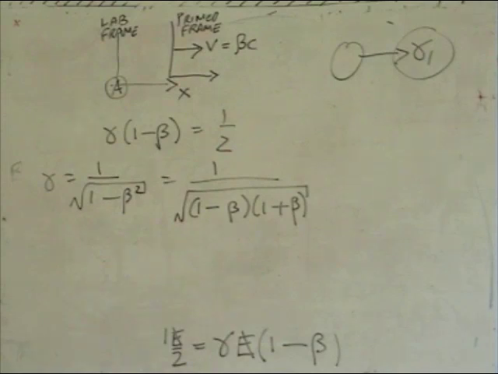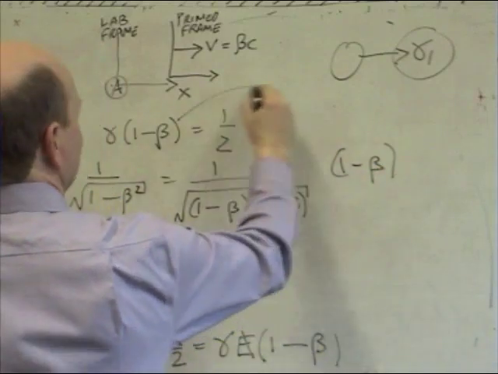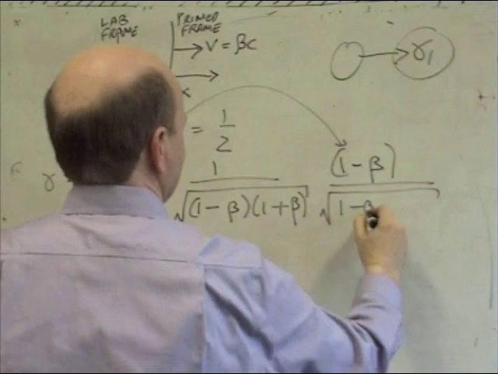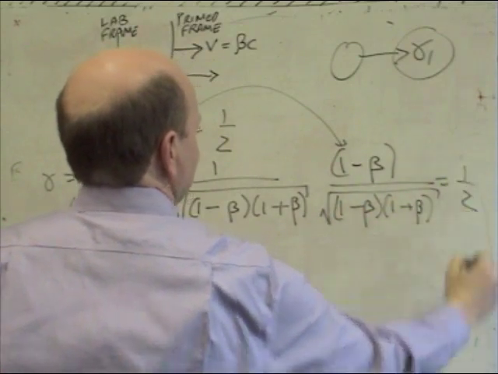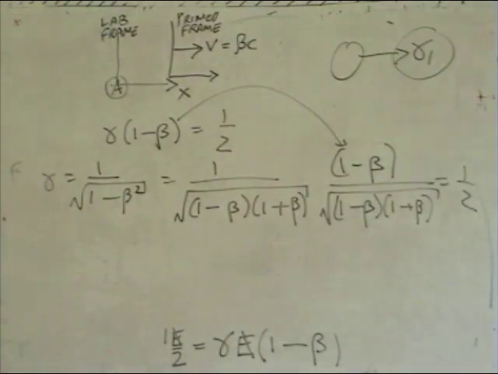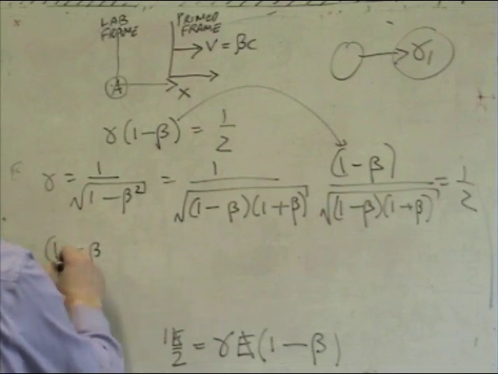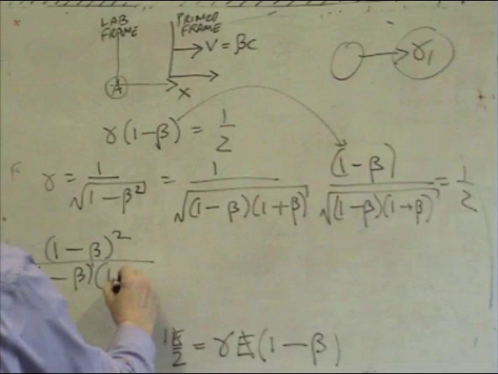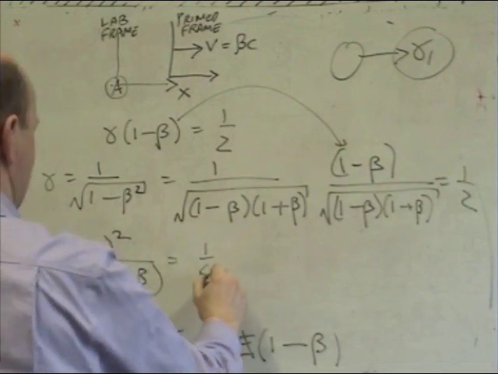So what we have here is that 1 minus beta, that's this 1 minus beta, over the square root of 1 minus beta times 1 plus beta equals 1/2. Alright? But that means that 1 minus beta squared over 1 minus beta times 1 plus beta equals 1/4.